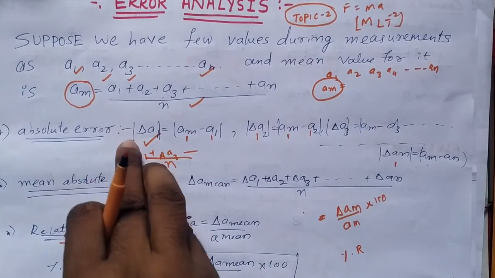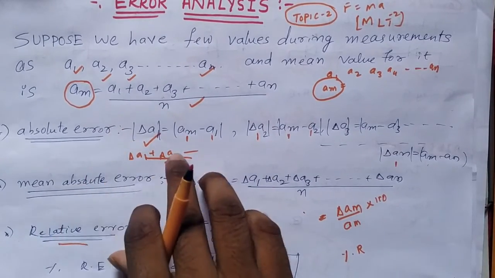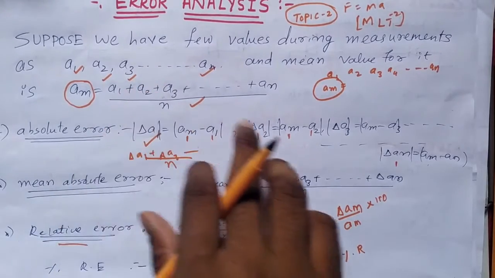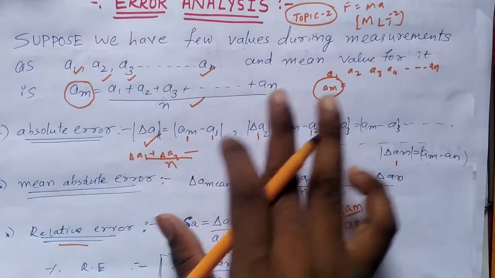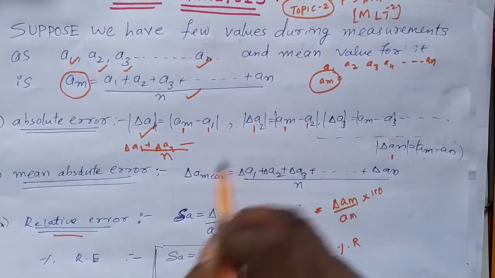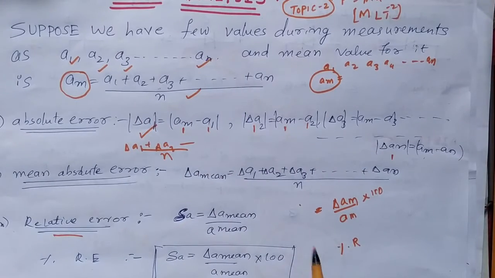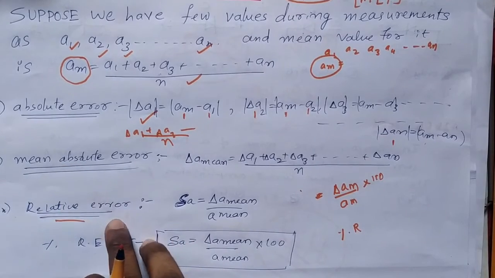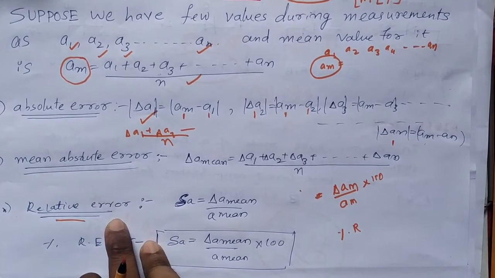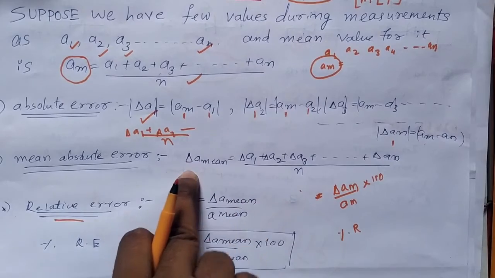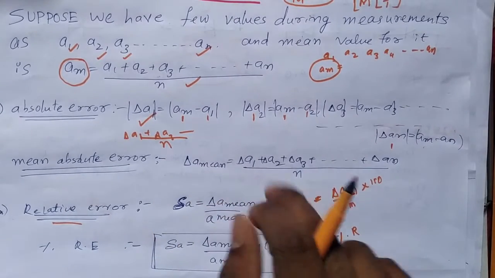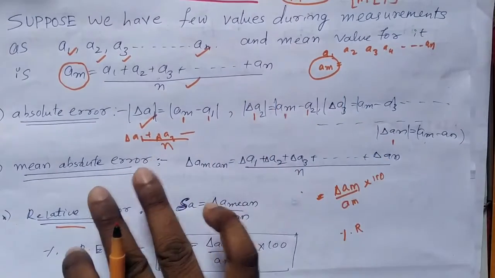Delta a1 is the difference between a1 and the mean value. Delta a2 is am minus a2. Mean absolute error means all the absolute errors are added and divided by the number of absolute errors. Relative error is delta a mean divided by a mean, and if I multiply it by 100, I get the percentage.